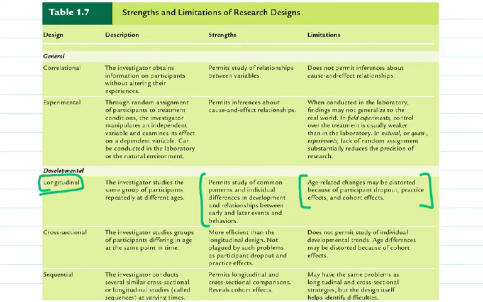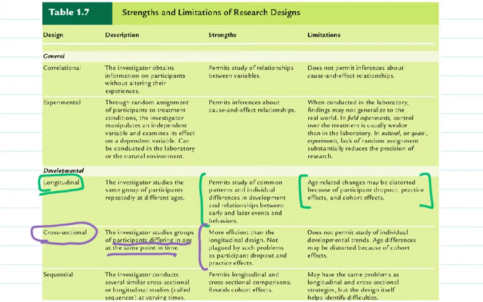Make sense? When we look at cross-sectional research, the investigator studies groups of participants differing in age at the same point in time. This is obviously more efficient than the longitudinal design because it's time efficient. You do not have problems such as people dropping out, or even practice effects, because you're studying one group of individuals only once.